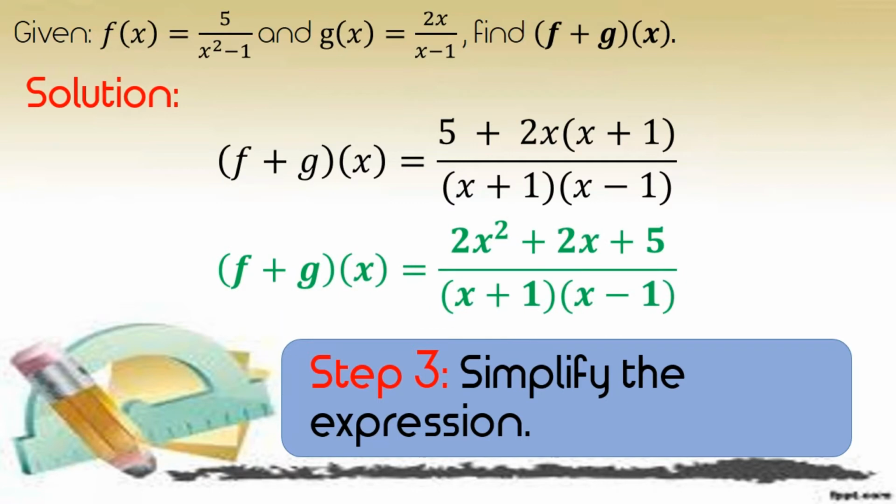Simplifying it, we have to multiply 2x to the quantity x plus 1, so the final answer will be equivalent to 2x squared plus 2x plus 5 all over the quantity x plus 1 to be multiplied to the quantity x minus 1. For the numerator, we're going to observe the degree of their exponents.